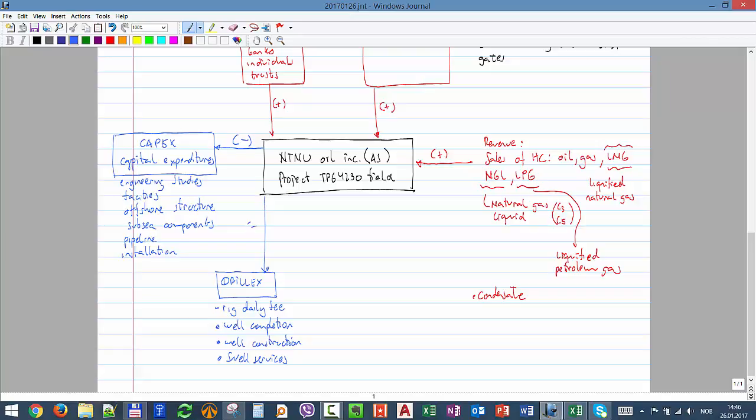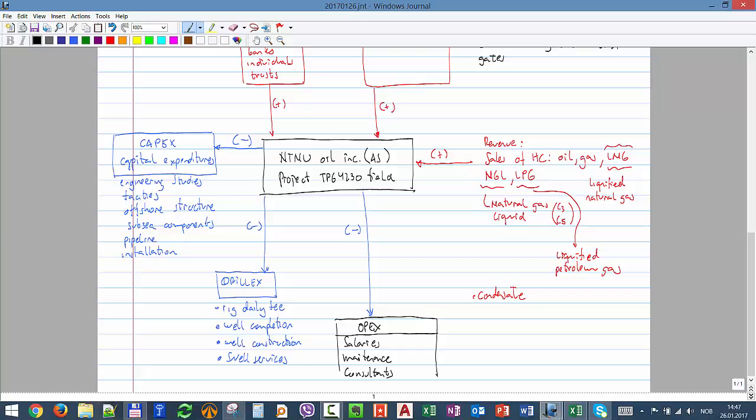Okay, then you have drillex. Then we have OPEX. Okay, that happens later when I'm already operating. And in OPEX I have, for example, salaries. I have maintenance. I have to pay for consultants.